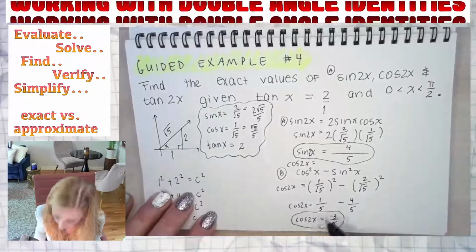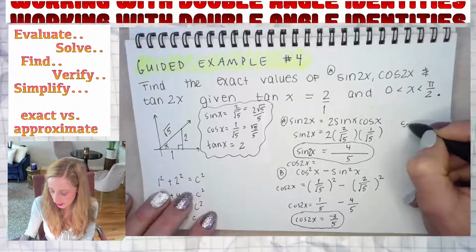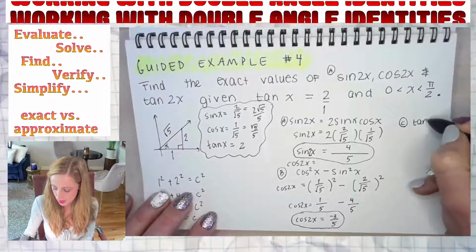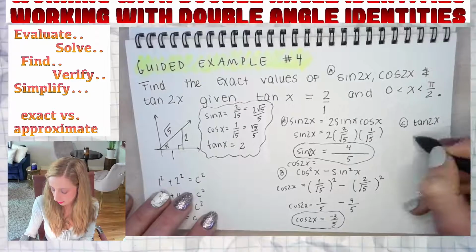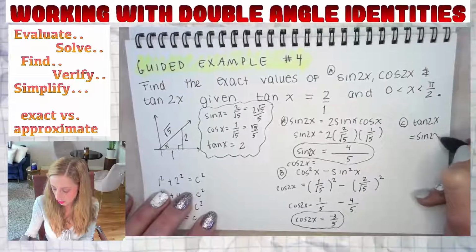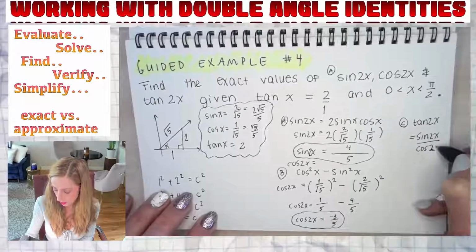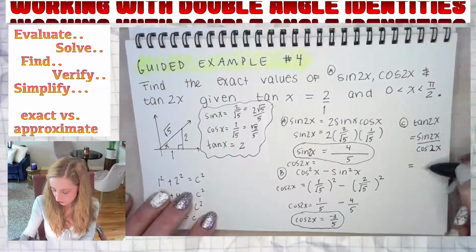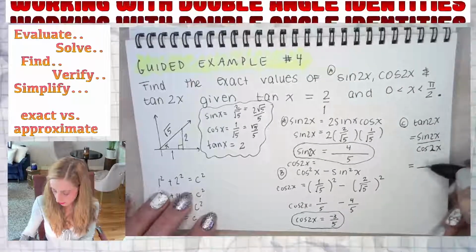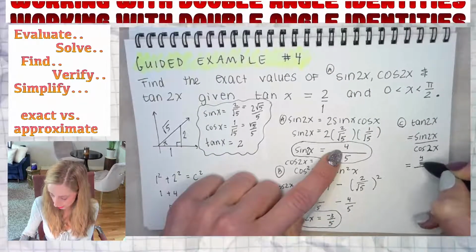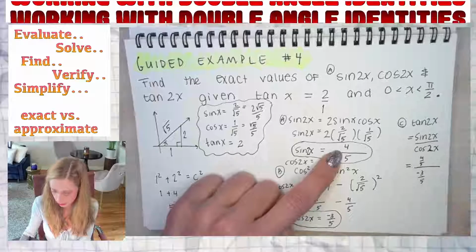Now, when we do part C, guys, as a trick, I'm just going to do this because I already have them. Tan 2x would equal sine 2x over cosine 2x, so 4/5 over -3/5.